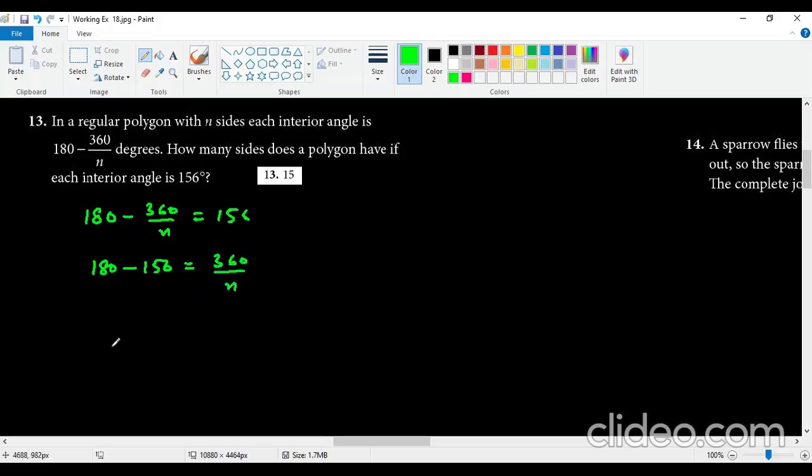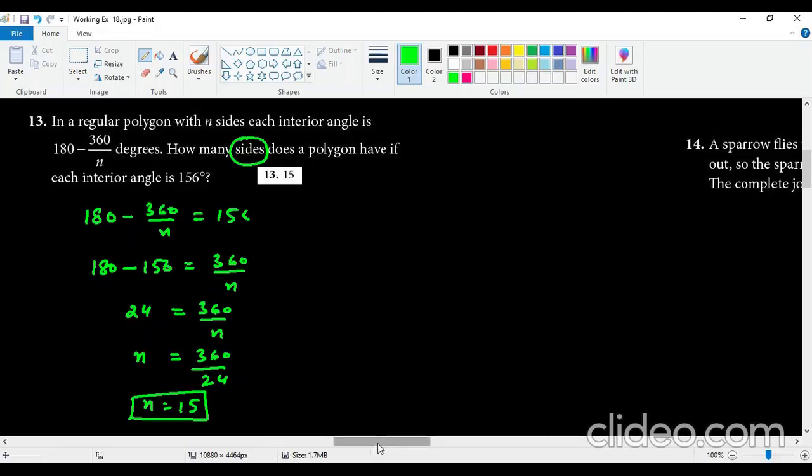That means 180 minus 156 is going to give us 24 equals 360 over n, swapping n and 24. So n will be equal to 360 divided by 24. So n is going to be 15. So this polygon, this shape, has 15 sides. They are asking about the sides, so there are 15 sides of this polygon.